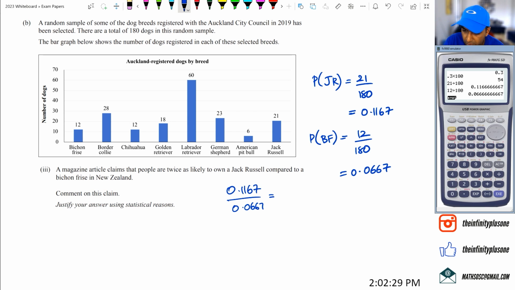So I'm going to get 0.116667 divided by 0.0667, and that's going to give me about 1.75. So not quite twice as likely. Not quite. Pause and write first.